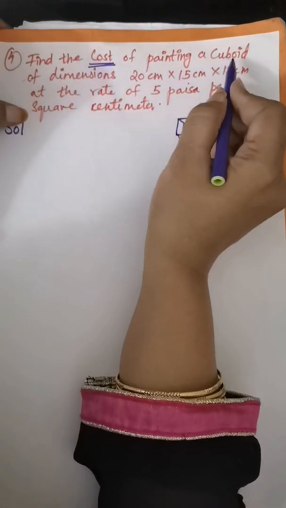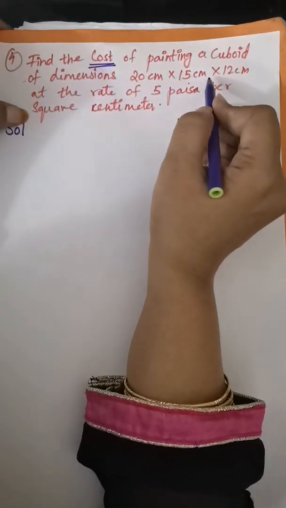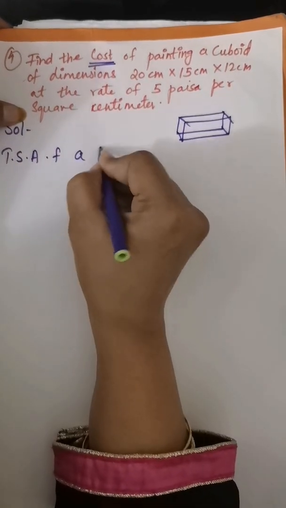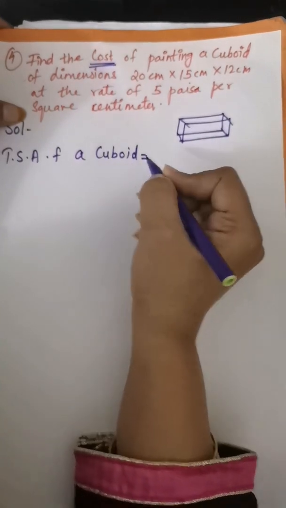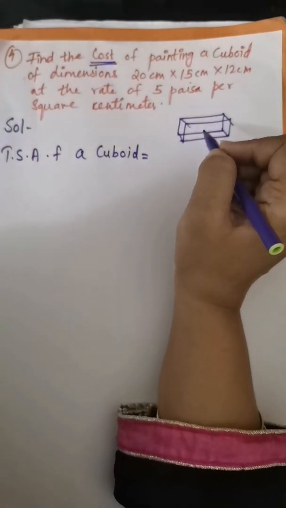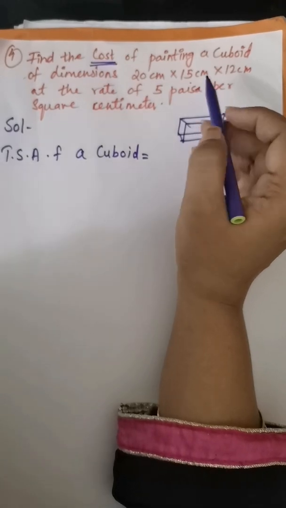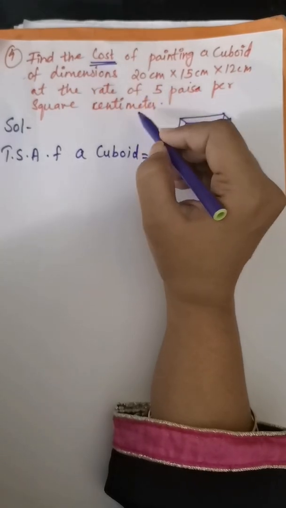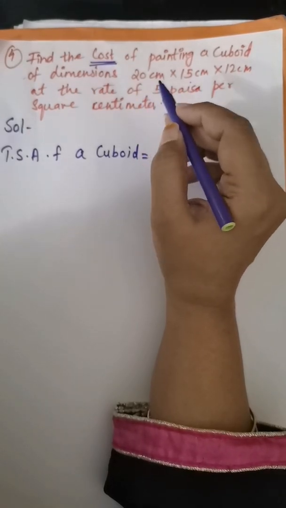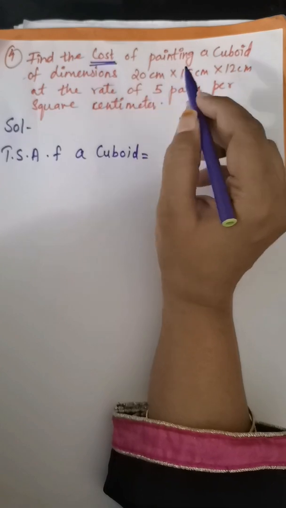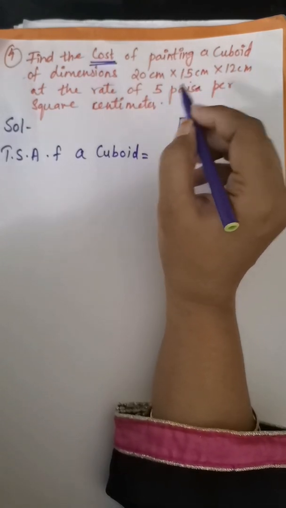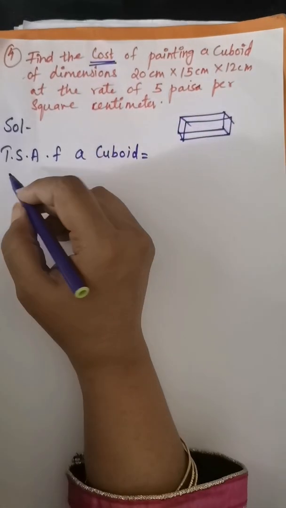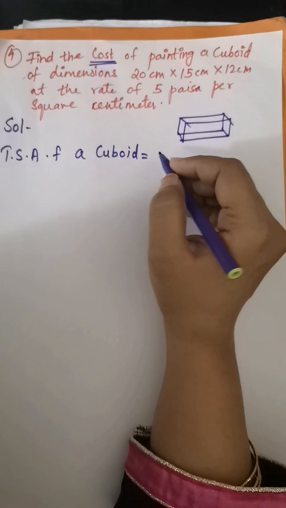We will find the TSA of the cuboid first to find the total area. The cost of 1 square centimeter is 5 paisa. You have to find the area first, then multiply it with 5 paisa.